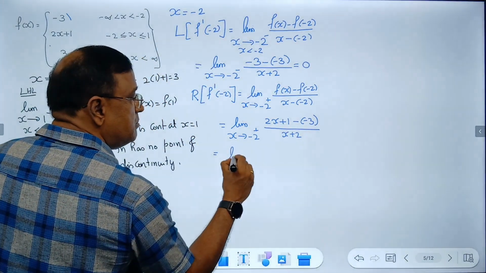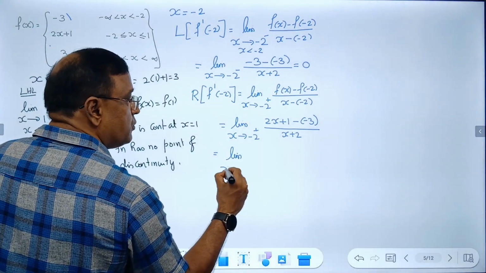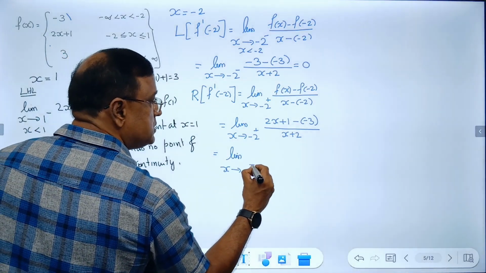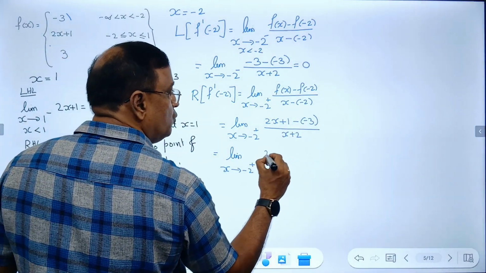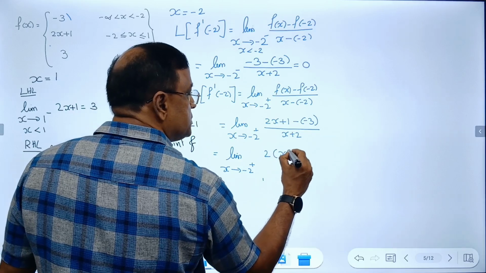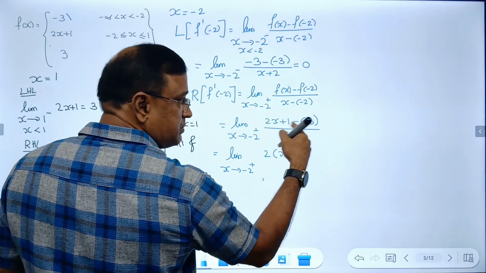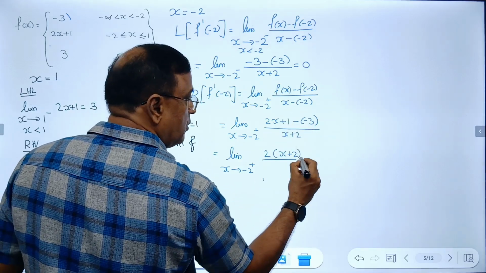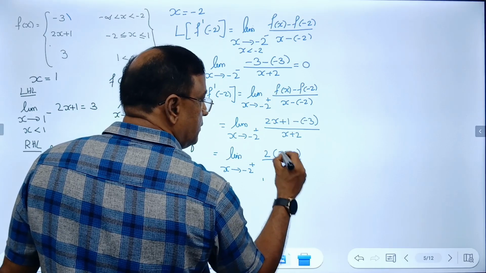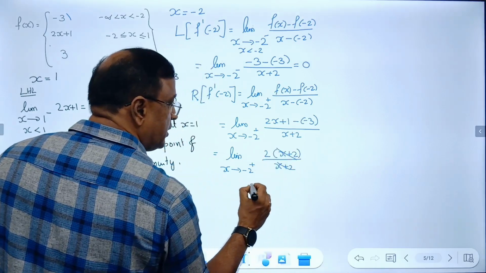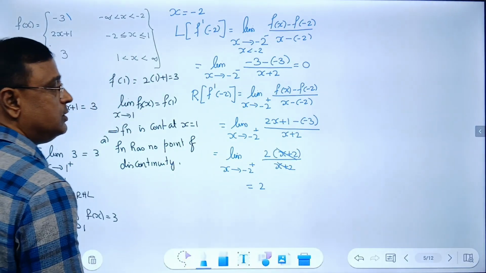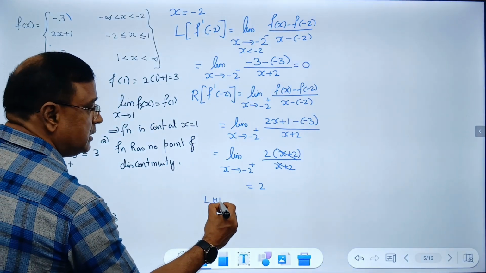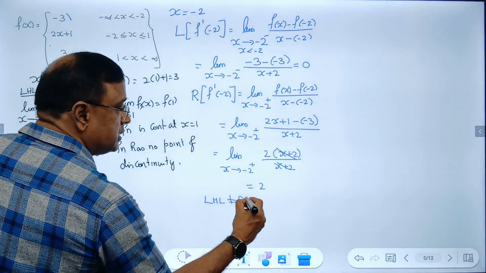So, this is limit x approaches -2 plus. If you simplify this, you get 2x plus 4 by x plus 2, take 2 common, you get x plus 2, they get cancelled. And what is the right hand derivative? It's 2. So clearly LHD is not equal to RHD.